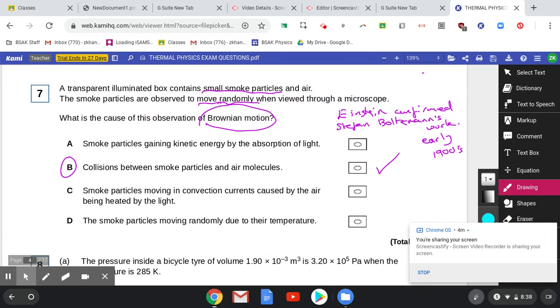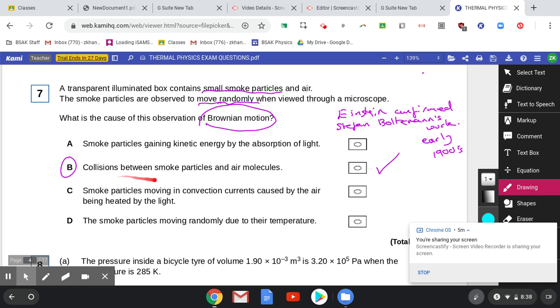Question 7, Brownian motion. This is what Einstein confirmed of the work that Boltzmann did many years before, that particles are moving randomly, they are colliding continuously in random directions, and the motion that he explained was Brownian motion, pollen grains in water, and he saw them vibrate.